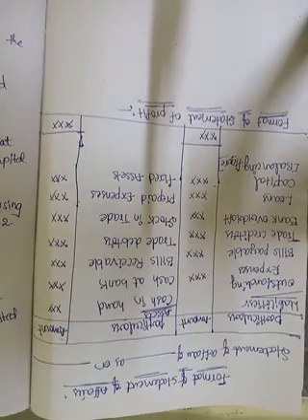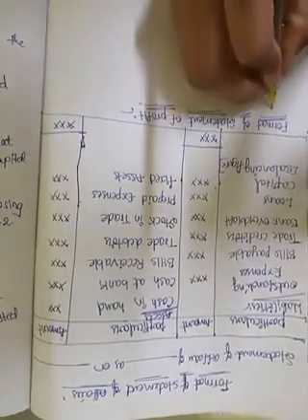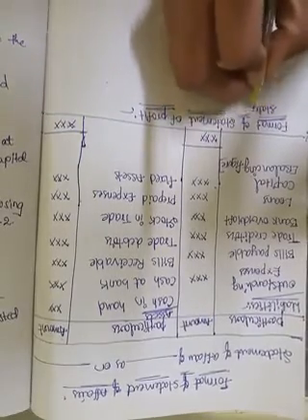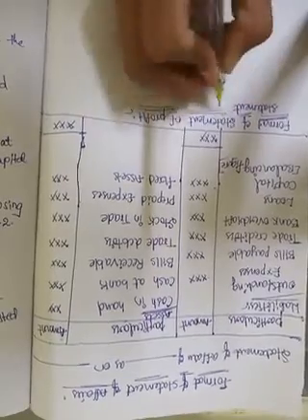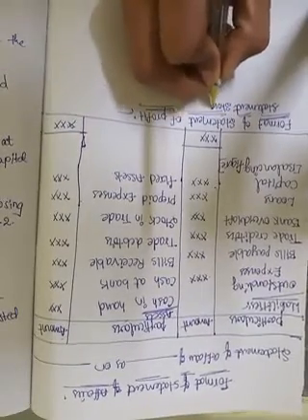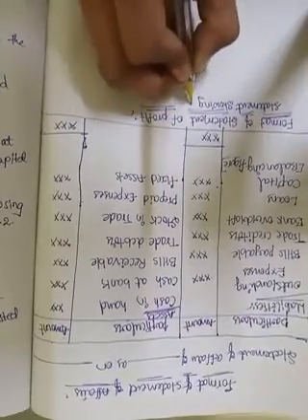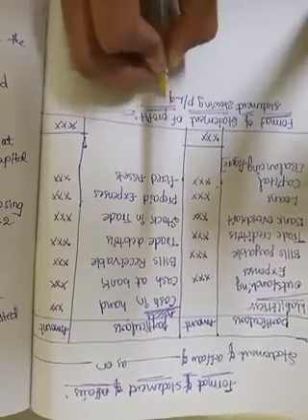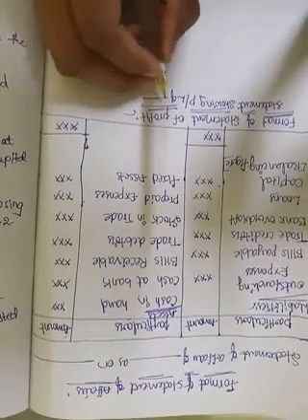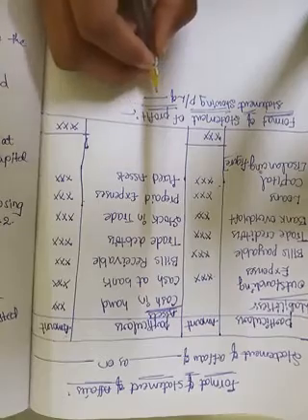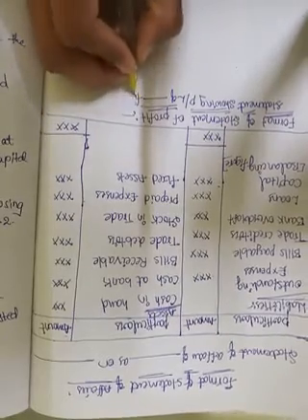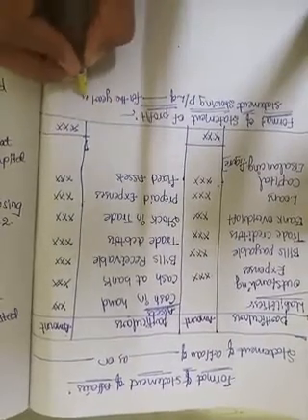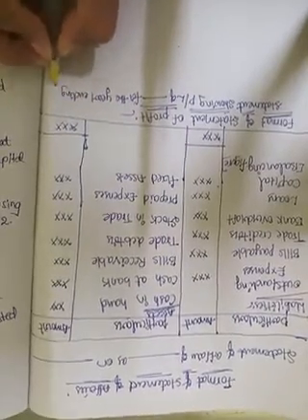Under this, statement showing profit or loss of the company name for the year ending. Here we will take the 2 years.